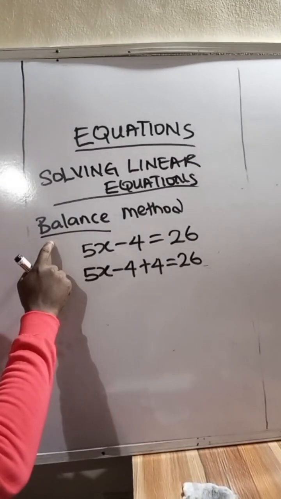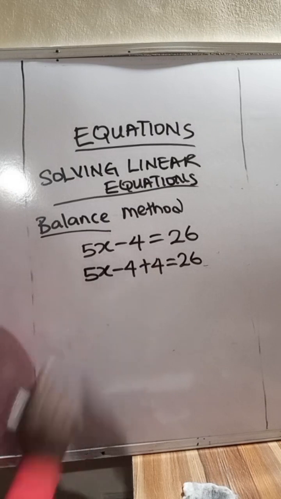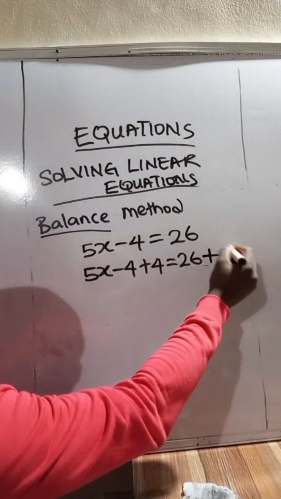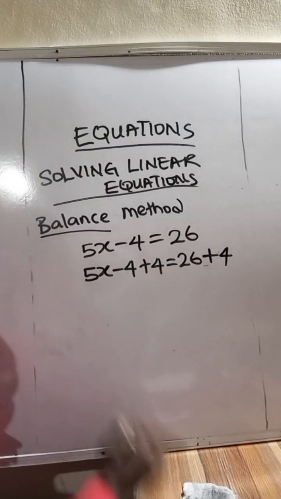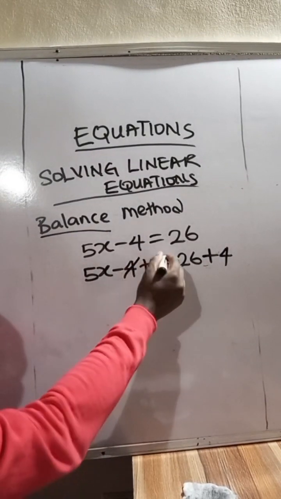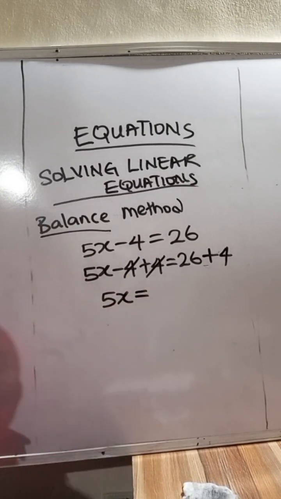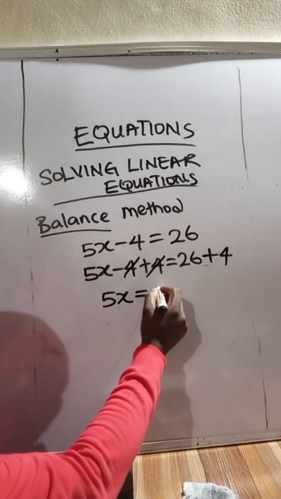But the balance method says there was no plus 4 before, so whatever you do to the left side, you have to do the same to the right side. So we put plus 4 on the right. Minus 4 plus 4 cancel each other out. Now we have 5x is equal to 26 plus 4, which gives 30.